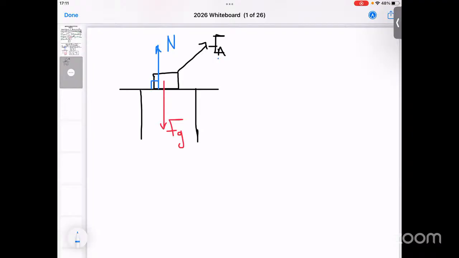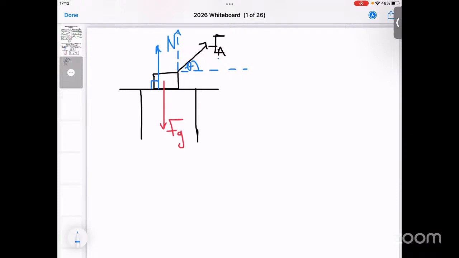So the vertical component of this force, if you remember, depends on the angle, because this force is acting at a certain angle.